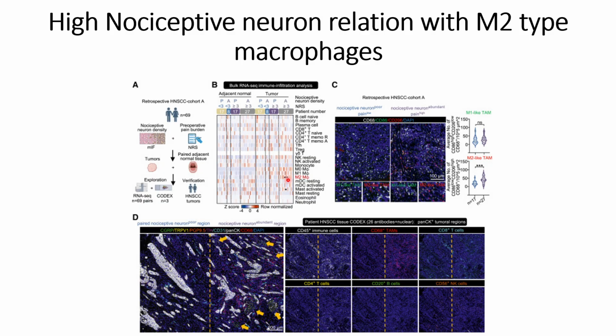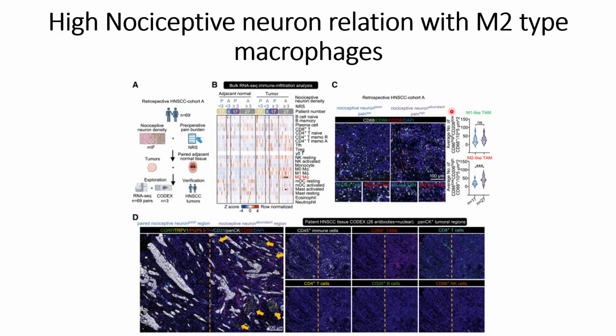And these things they later validated using the multiple immunofluorescence images, using well-established biomarkers, where they validated that M2 type macrophages, using the marker CD206, are expressed heavily where the nociceptive neuron is evidently high and the pain is also high in the patients, compared to the case where nociceptive neuron is poor and pain is also low.